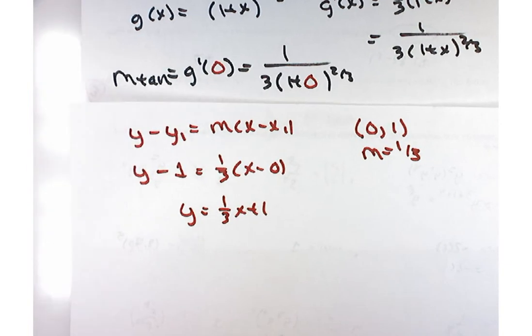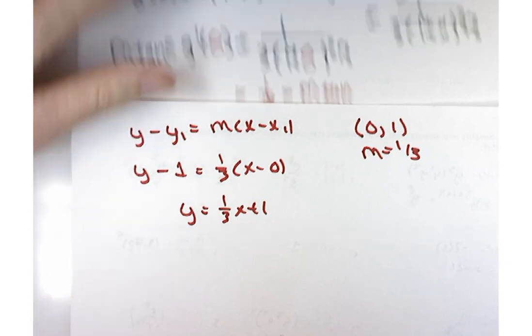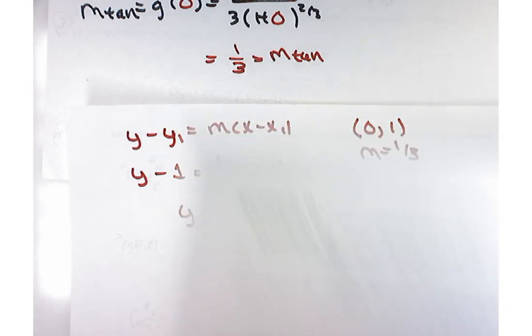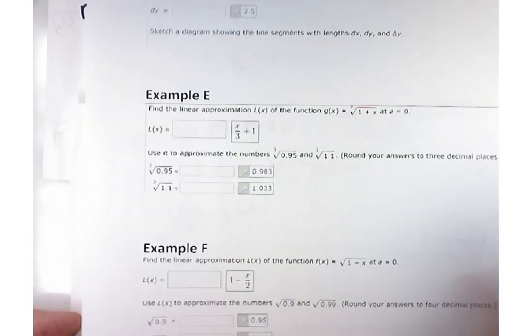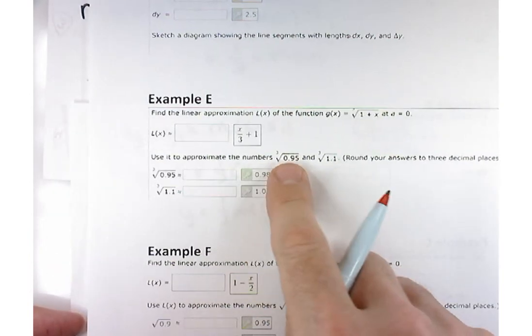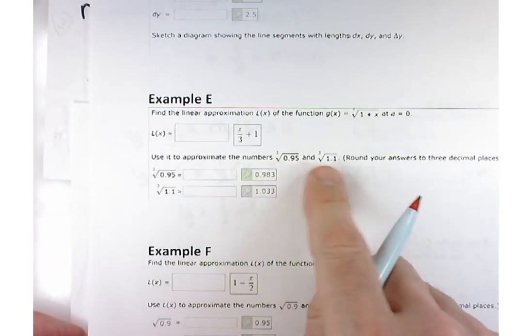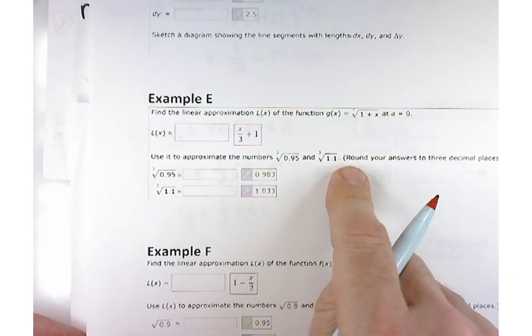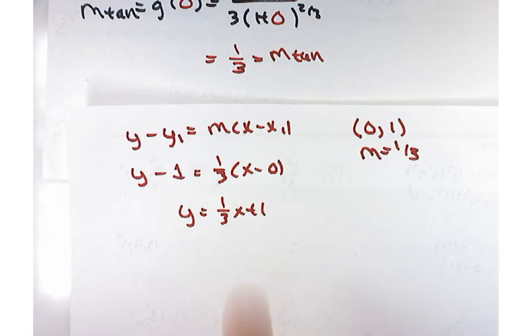So there's the equation of your tangent line. But here's an important part. You're not going to be able to get this problem right off your calculator. You're asked to approximate the cube root of 0.95 and the cube root of 1.1 using your linear approximation, which is this.